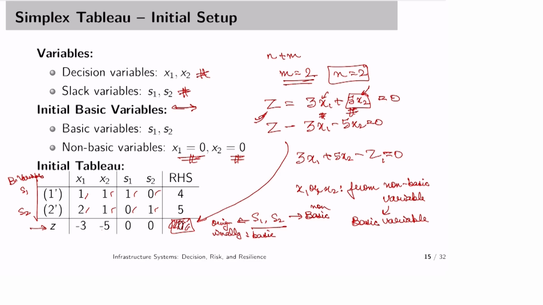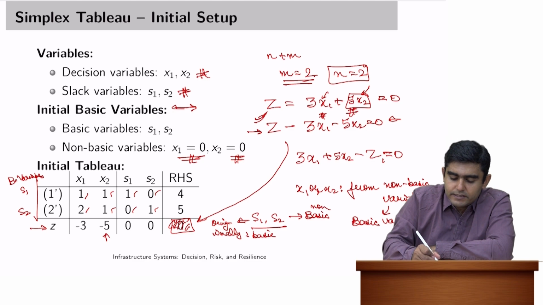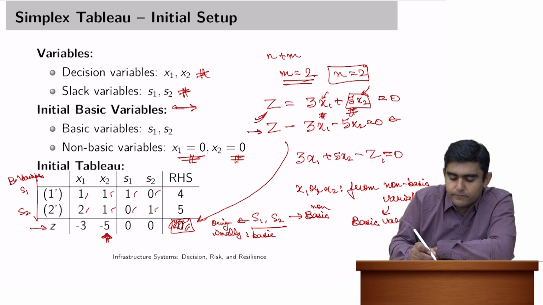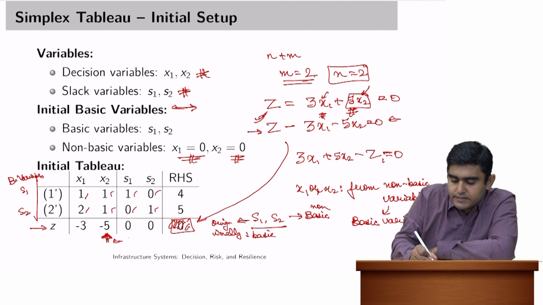In this case, I have only moved it to the other side, but magnitude-wise this remains the highest. If I have written my objective function in this form, I should choose as the entering variable the one that has the larger negative coefficient. So in this case, I would introduce x2 as a basic variable and would have to ask one of S1 and S2 to leave. I would annotate this as the entering variable.